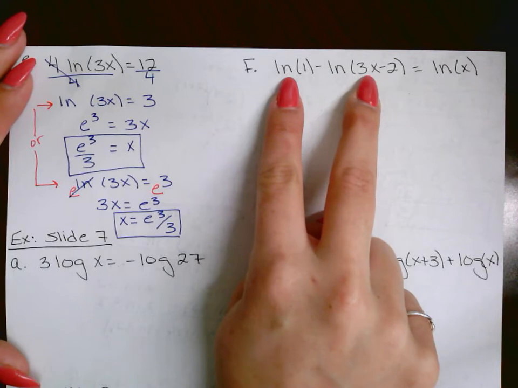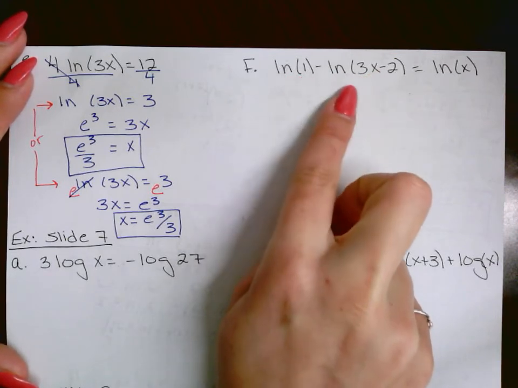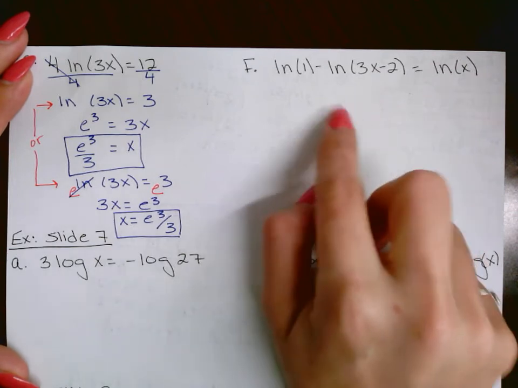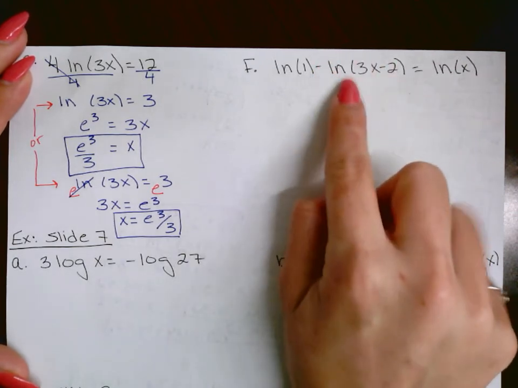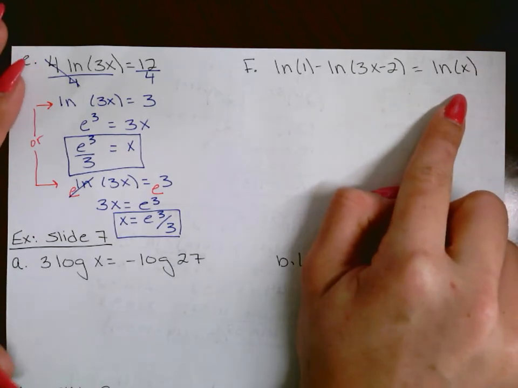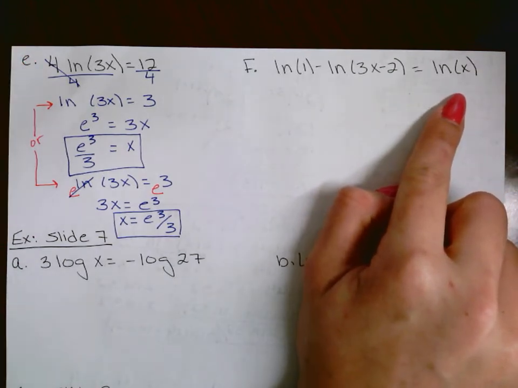Okay? Now, if I choose that as my option, this becomes ln of 1 over 3x minus 2, and now I have a fraction in the way. Okay? Option number 2, I can add this to the other side, and now I'd have 2 ln's on the right side being separated by addition, which turns into multiplication. So now I wouldn't have fractions that way.